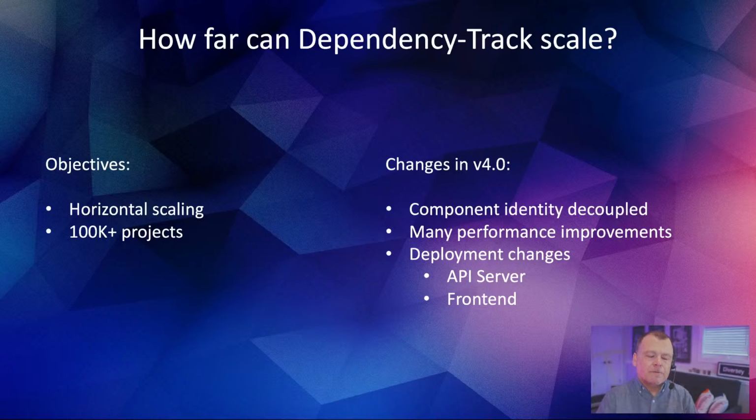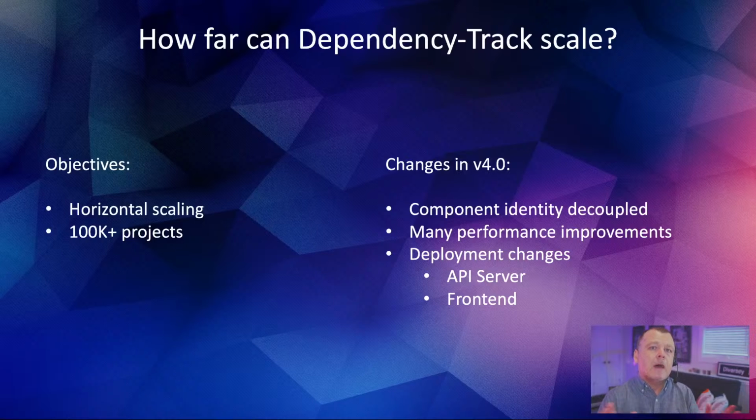Further on down the road, some of that is also going to be decoupled. So you'll have an API server, you'll have several different kinds of worker nodes, and you'll also have the front end.